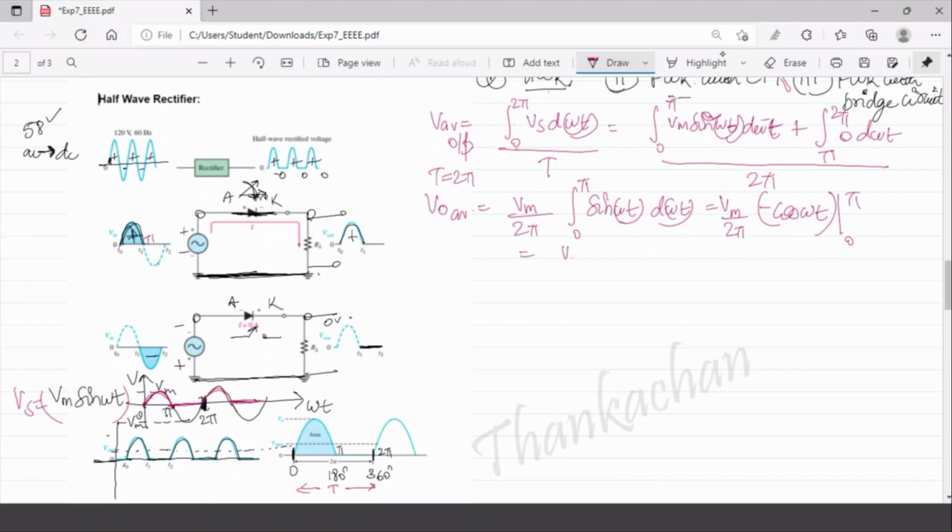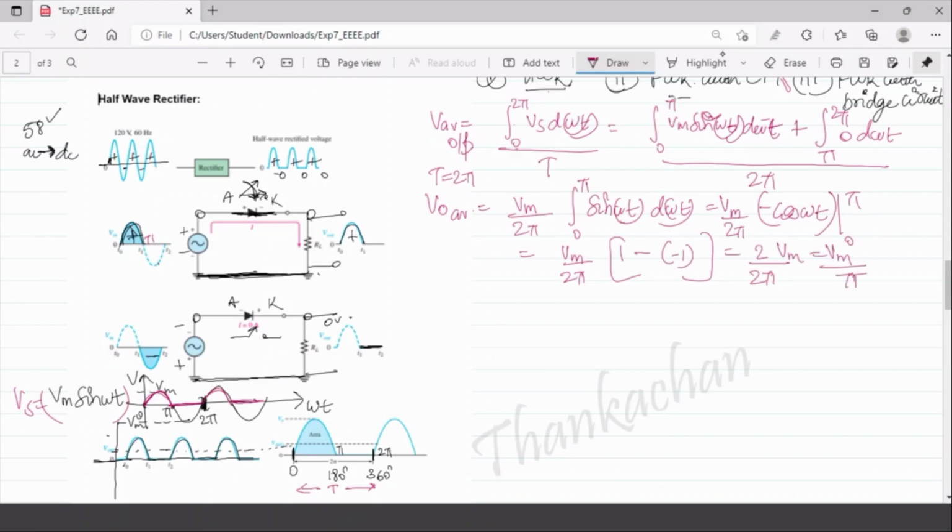So what will be the value here? This will be Vm divided by 2 pi. Since it is a minus sign, I can put the lower limit first here. So cos 0 is 1, minus cos pi is minus 1. So this will be how much? 2 divided by 2 pi into Vm, or the answer comes out to be Vm divided by pi.